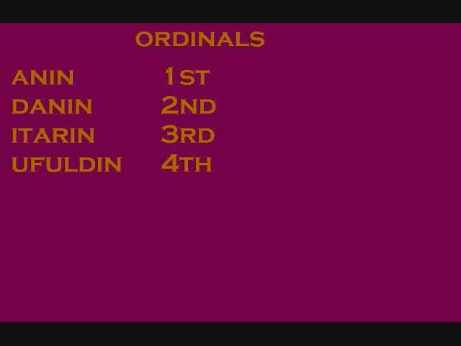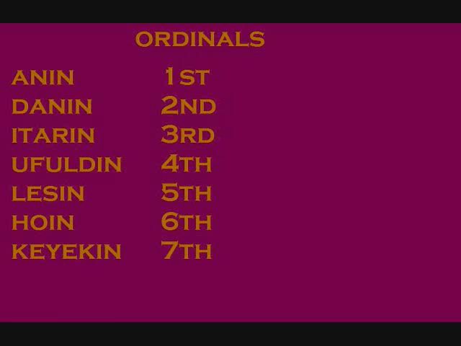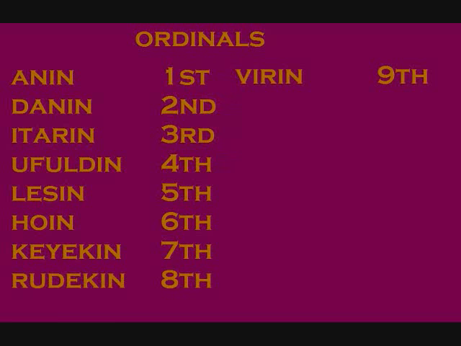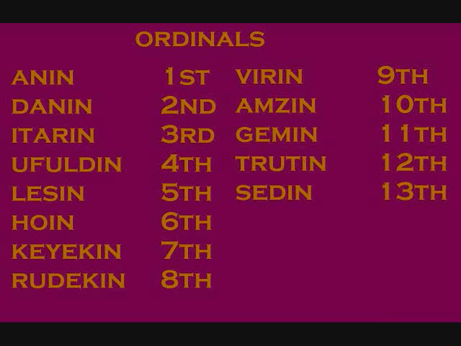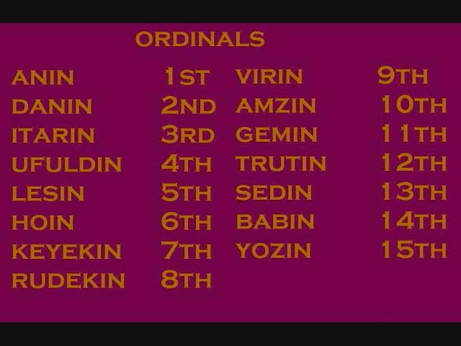These numbers can also be made into ordinal adjectives, that is, words in English like first, second, third, etc. The ordinals for 1 through 16 are anin, danin, itarin, ufuldin, lesin, hoin, keyekin, rudekin, virin, amzin, gemin, trutin, sedin, babin, yozin, akorin.